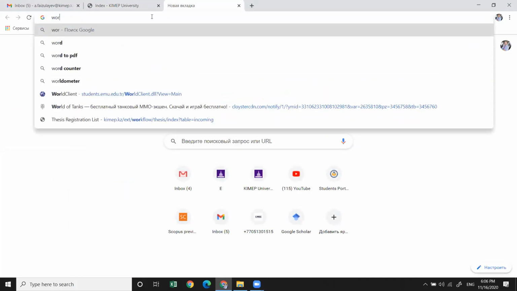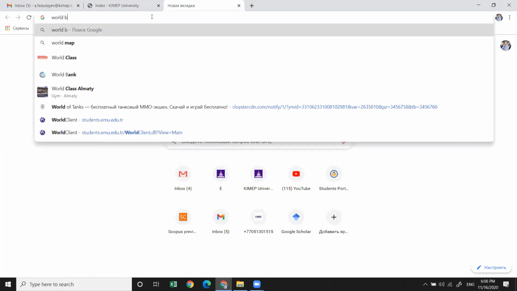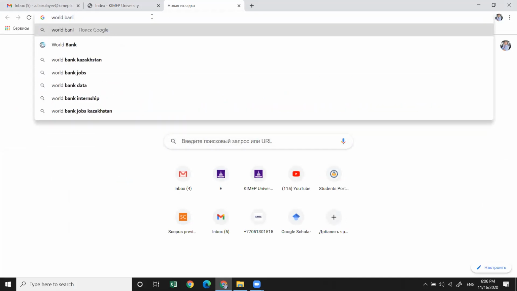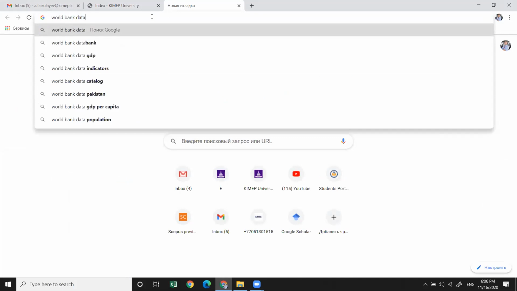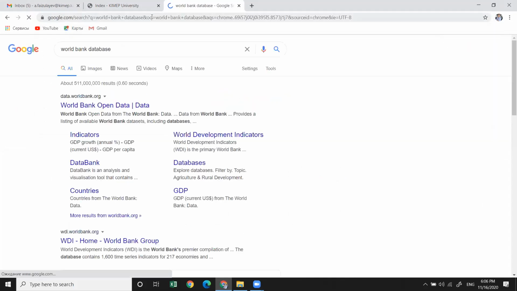There is a database which is called World Bank. So how many people do we have here? Okay, anyway, we've got 15 people with me.